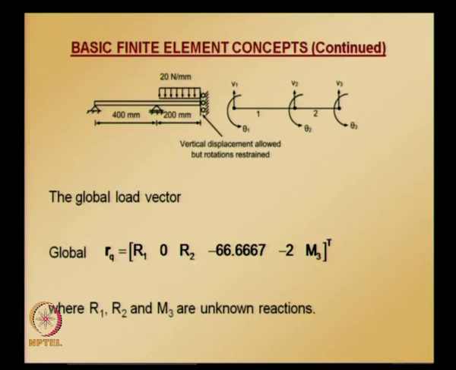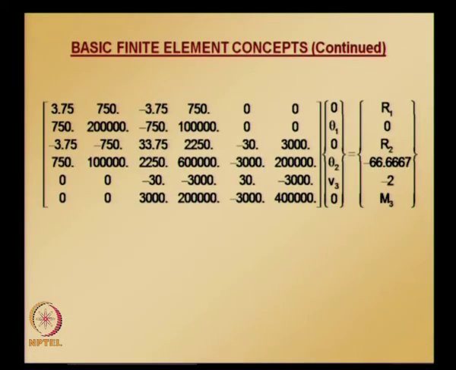So, we got the global load vector. As I mentioned, the global stiffness matrix for this problem we can take from earlier, when we solved this problem with a point load. So, the complete set of global equations looks like this.